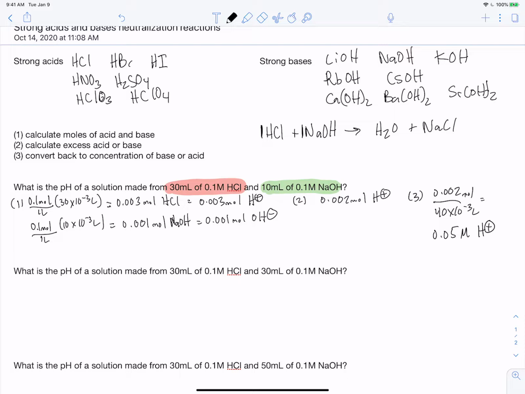Let me double check that. Yeah. Okay. So then we want to know what our pH is, so we just take the negative log of that number.